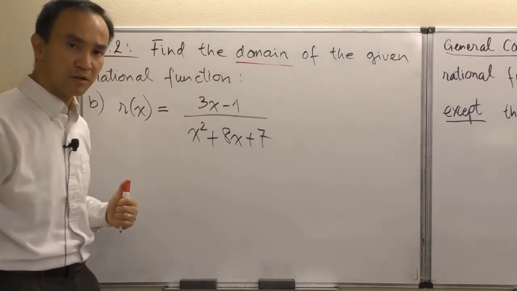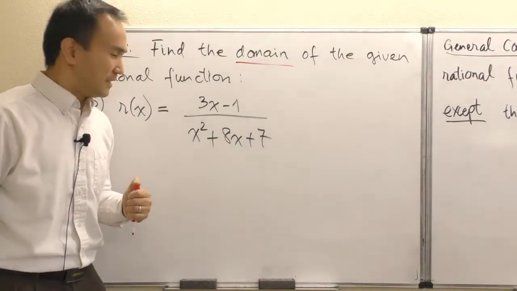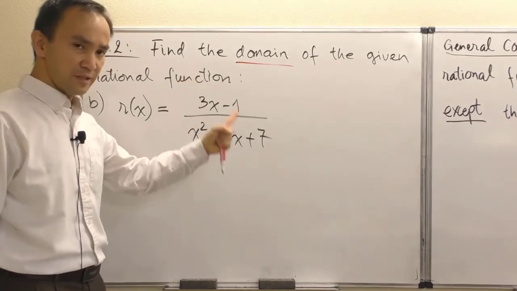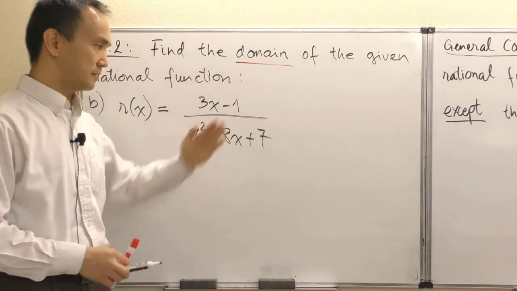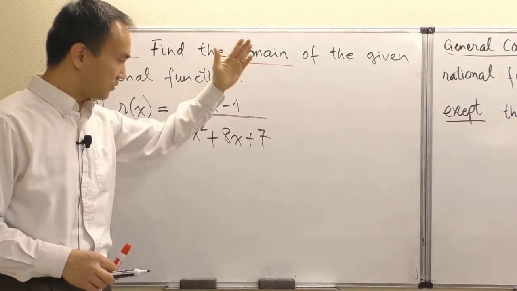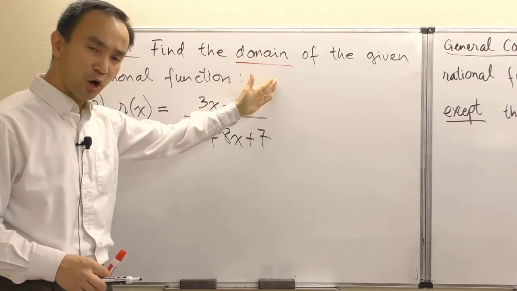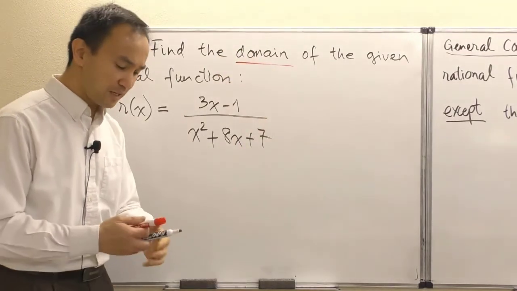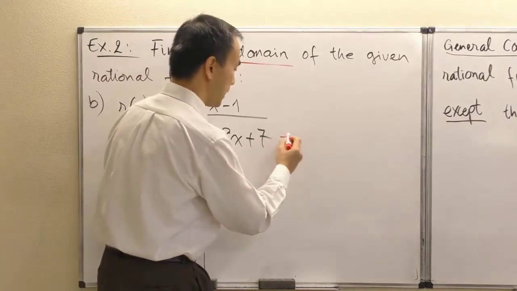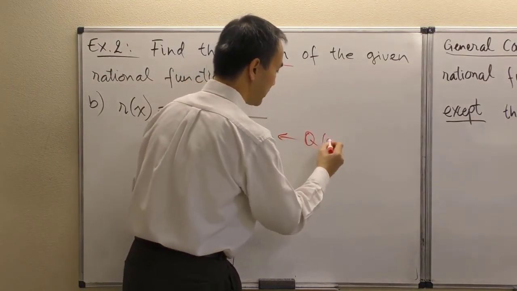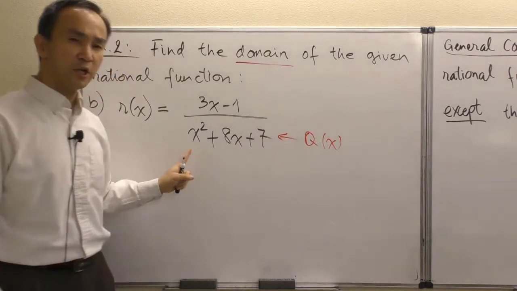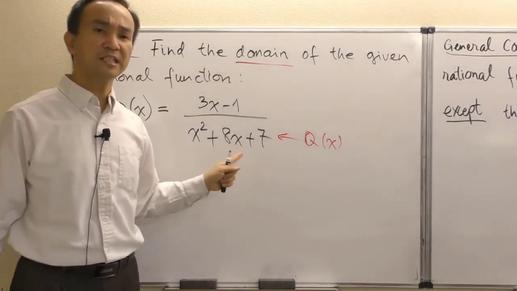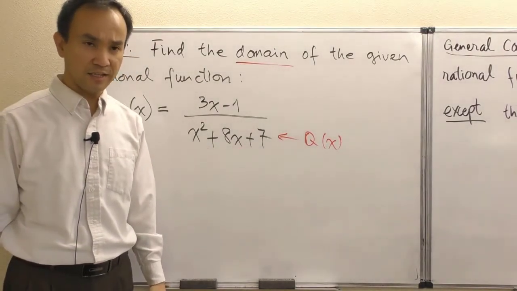Once again, this is a rational function in the sense that it's a fraction. We have the numerator being a polynomial and the denominator being a polynomial. This is our polynomial q of x in the denominator. And further, this polynomial in the denominator is other than just a constant.